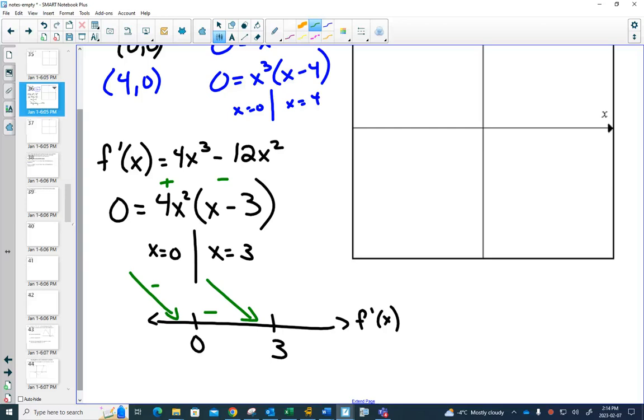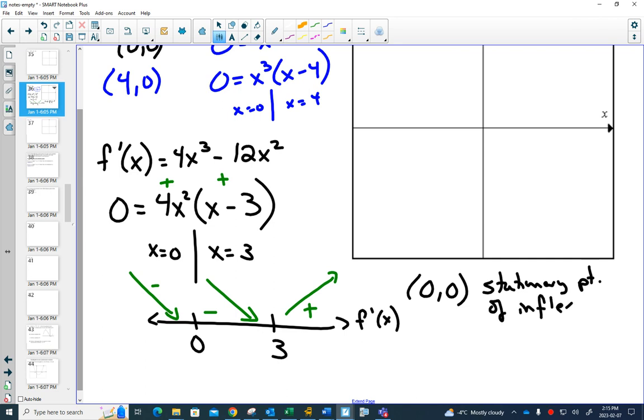But when I plug in something larger than 3, this section becomes positive. This will increase. So we know that 0, 0 is a stationary point of inflection, and that at 3, comma something, that is going to be a local min.